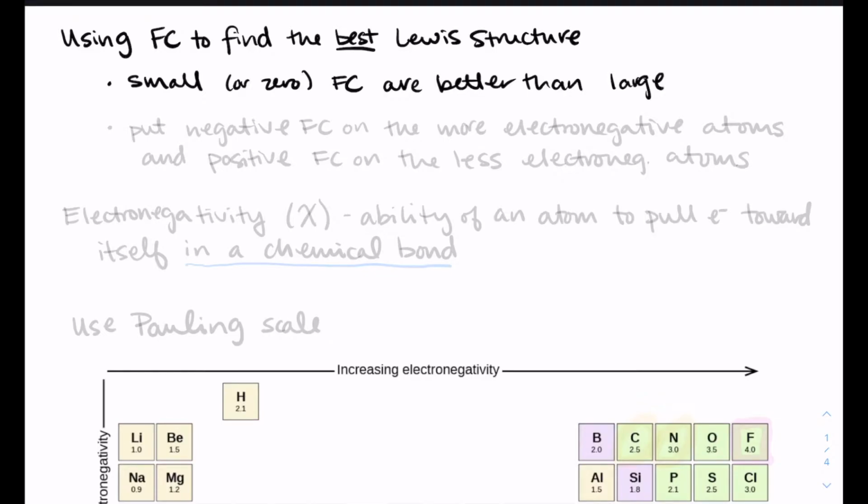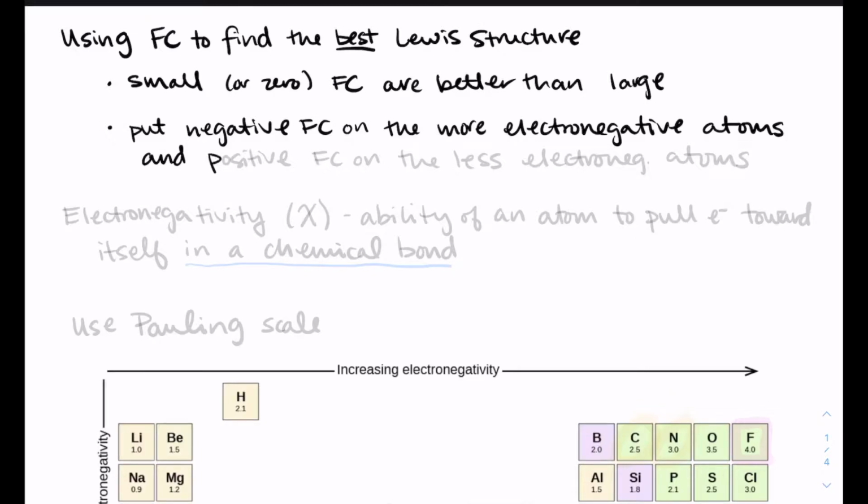choice that didn't help. So when you're looking at formal charges on a Lewis structure, you want small or zero formal charges. Those are better than having large formal charges. And then your next priority to look at is that you want negative formal charges on the more electronegative atoms and positive formal charges on the less electronegative atoms.